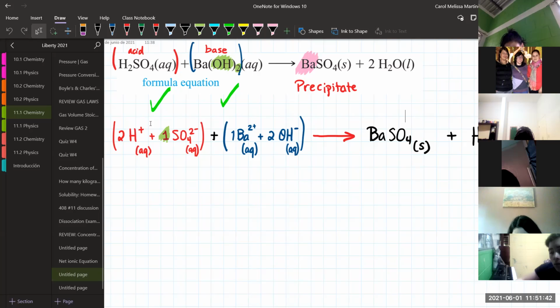Now, the second step for the net ionic equation is to eliminate the ions that are in both parts of the equation. How many ions do we have in this equation that we can eliminate?